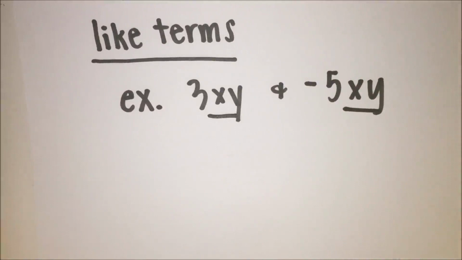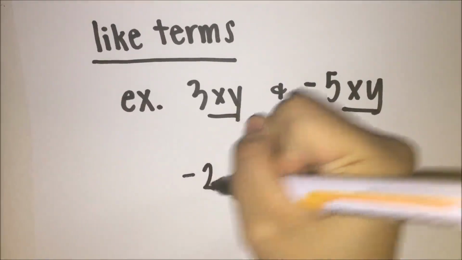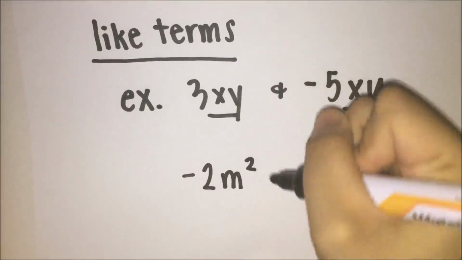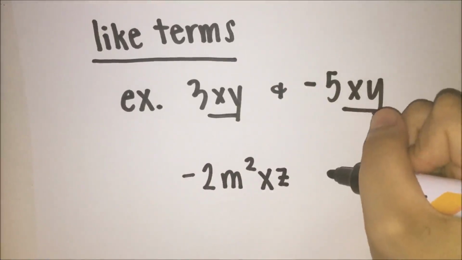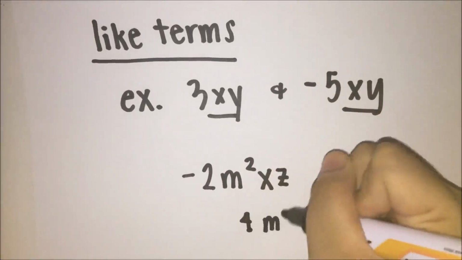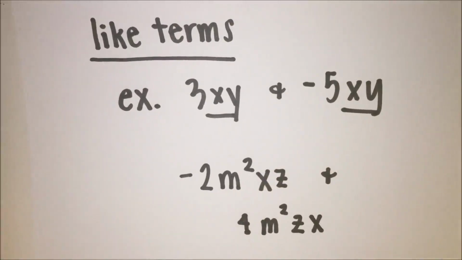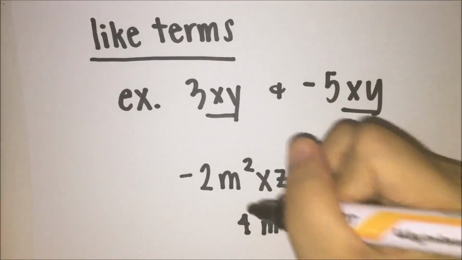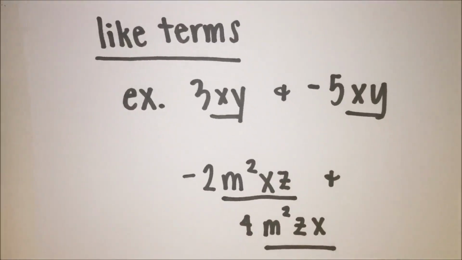Another example is negative 2m squared xz and 4m squared zx. So these terms are also like terms since they have the same variables and exponents, just in different order.